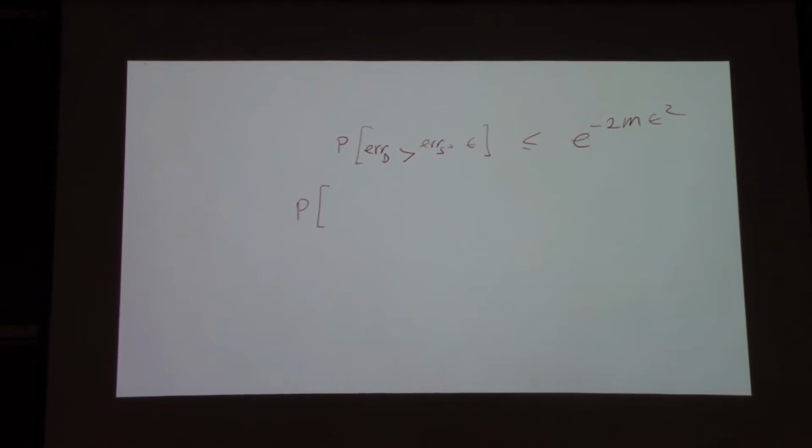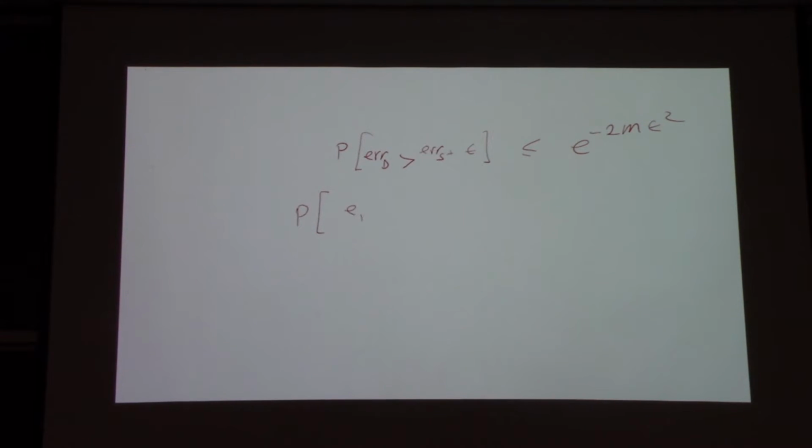What this question is asking you is the probability that error D is greater than error S, a multiplicative version, and it's asking you to show something about this kind of statement, and then you have to apply a similar sort of form.